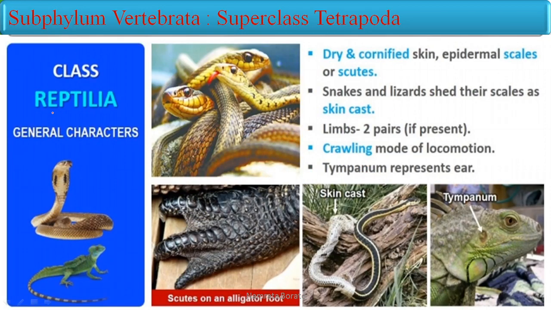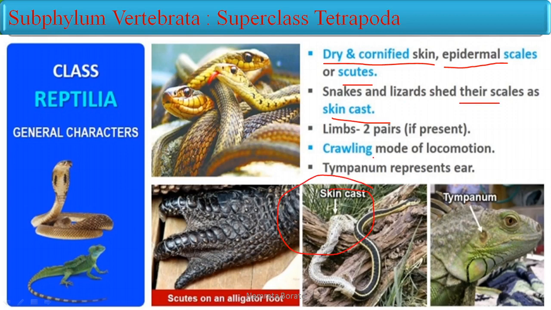The second class is the class Reptilia. In the class Reptilia, dry and cornified skin is there, with epidermal scales and scutes. The snake and the lizard show a significant characteristic: they shed their scales as a skin cast. So you can see here, this is the skin cast.